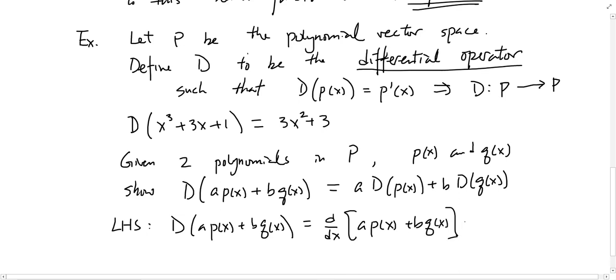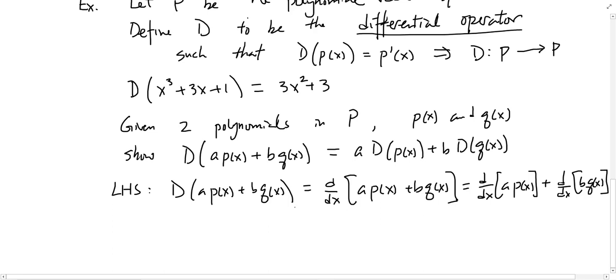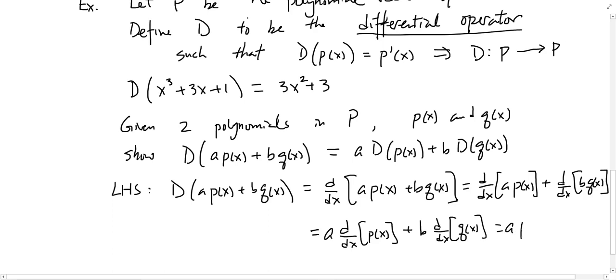Based on what we know about taking the derivative of a function, I can separate this derivative into two. We also know that I can pull the constants out of the differentiation. Then the derivative of P of x is P prime of x, and the derivative of Q of x is Q prime of x.